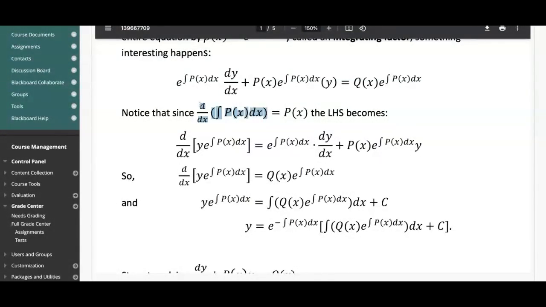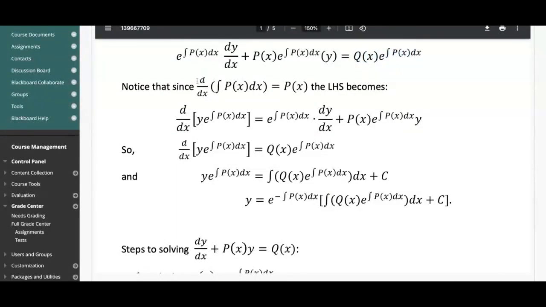Then we use these facts. The fact is, if we take the derivative of the integration of p of x, that's just p of x. Okay, this is p of x. So we have this term, and then we have this term. So let's look at this.